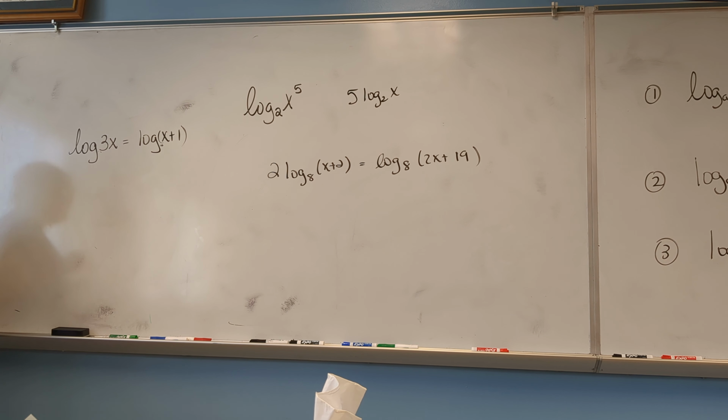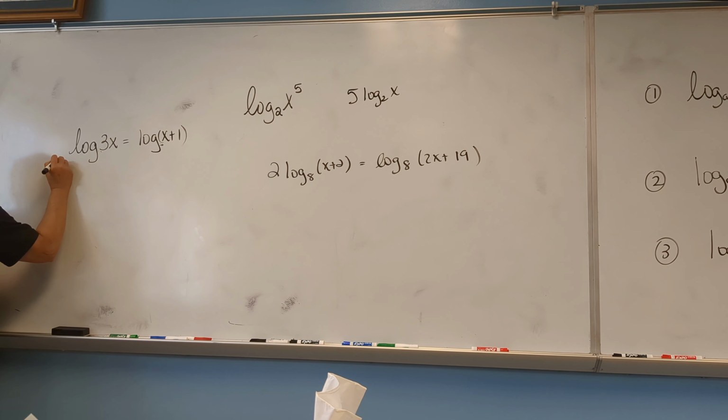If I have the word LOG and something equals LOG of something else, in other words, there's nothing in front, nothing with a little bit more going on, I can do what I call 10 it.